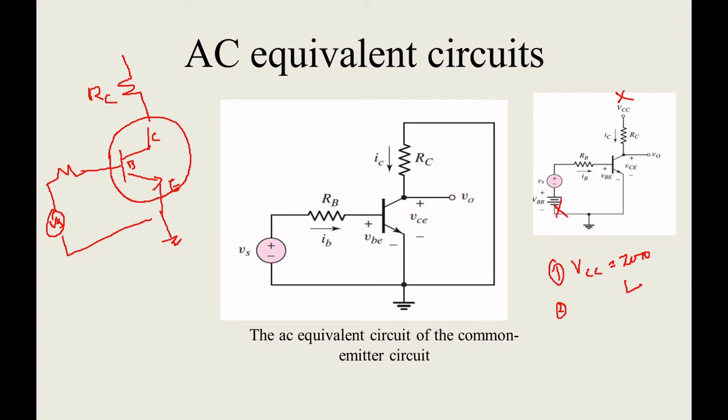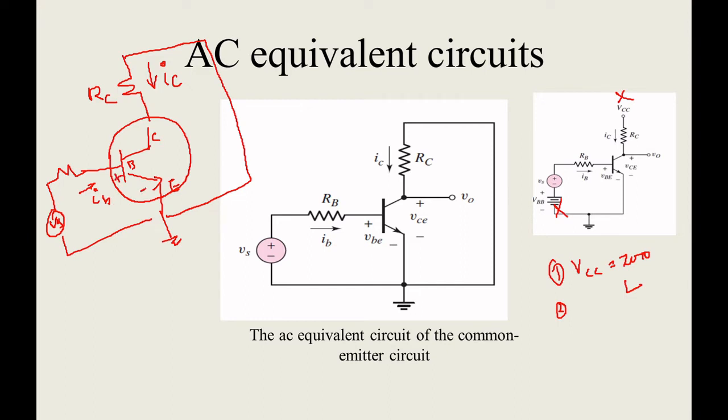An RC, and it should be connected to the ground. The current across this part is your small ic, and defining again, this is the small signal part, that's why small i, small v.